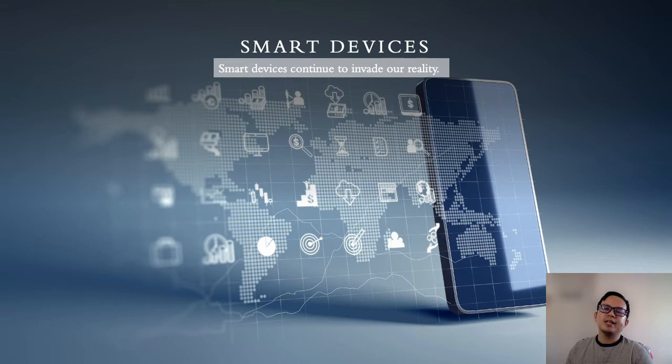Those were semi smart devices, but the device that I can say is fully smart was when I used the iPhone 4S. So smart devices continue to invade our reality.